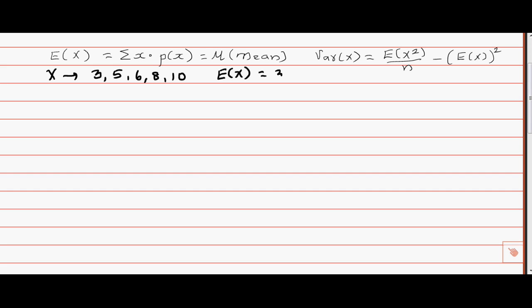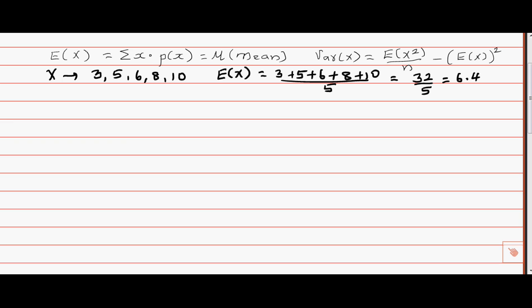So it is 3 plus 5 and so on. If you add them, it comes to 32 on 5, which is 64 on 10, which is 6.4.